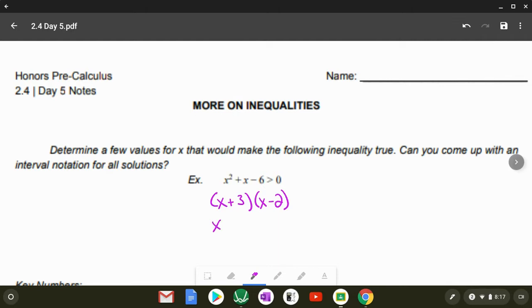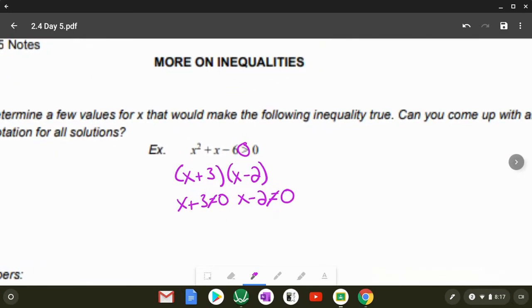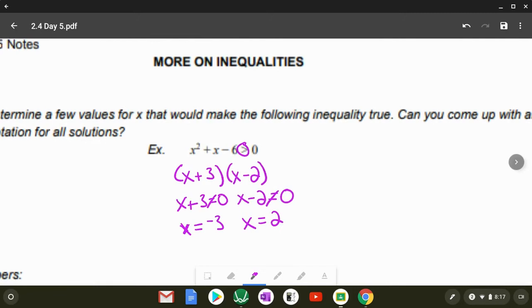So by doing this, I note that x plus 3 and x minus 2, as they would normally equal 0 for an equation, in this case can actually not equal 0, because if they are equal to 0, then they would make that left side equal to 0, and that would not be true for our inequality. But these values do help, as we will call them key numbers. So x equals -3 and x equals 2 are going to be our key numbers.